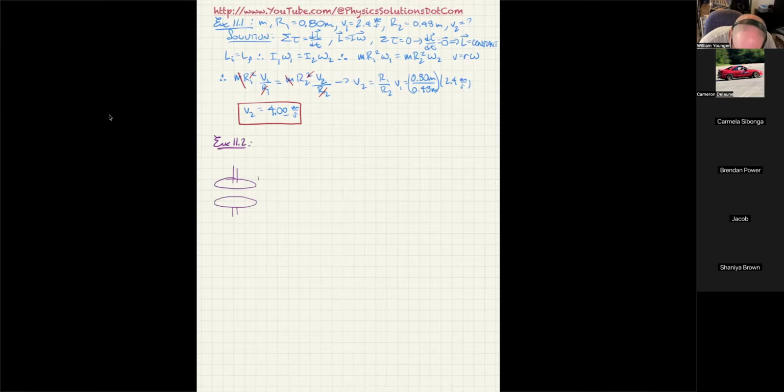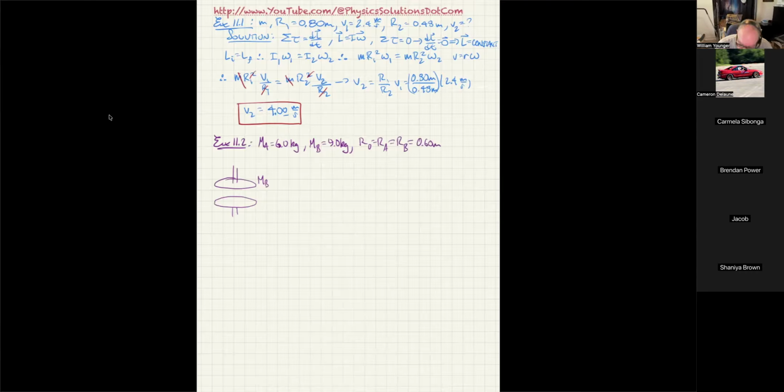This top one is MB, and MA is equal to 6.0 kilograms, and MB is 9.0 kilograms. And R0 is the same for both of them. R0 equals RA equals RB, and that is 0.60 meters.